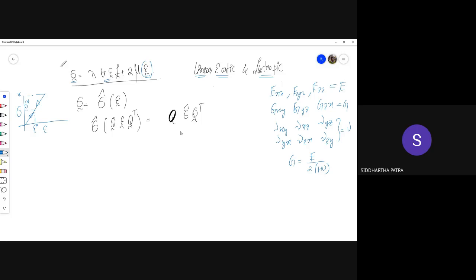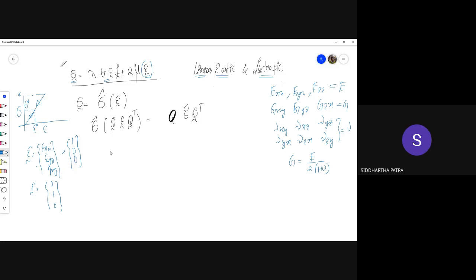Which would mean that, let's say, epsilon would be epsilon xx, epsilon yy, and gamma xy. Again, this is a Voigt notation or vector representation of the strain, and that too in 2 dimensions. Let's say it is 1 0 0, and then in the second situation it is 0 1 0.